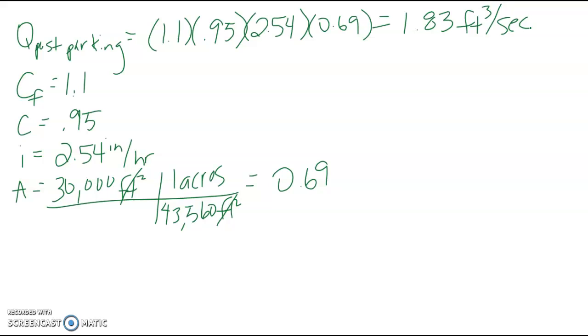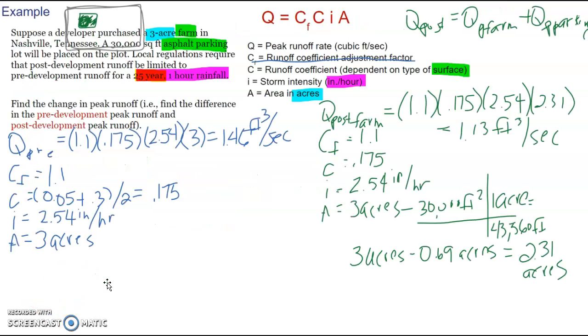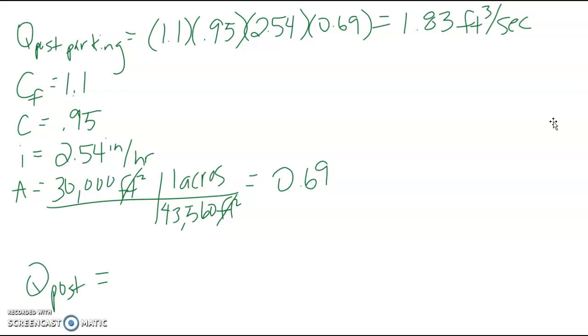All right, so now we have to find our final. So I've got to add up my Q parking, my Q post. Okay, so we had our farmland, which we calculated over here to get this 1.13 cubic feet per second.